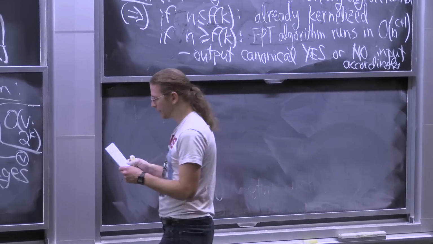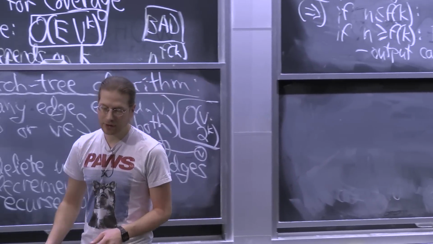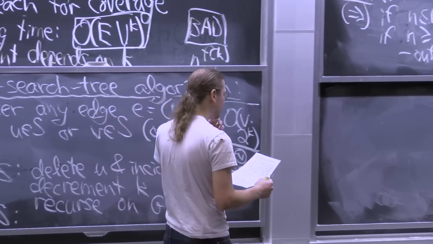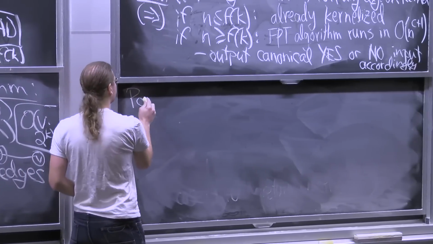So I claim that we can find a polynomial size kernel. It's going to be quadratic for vertex cover.